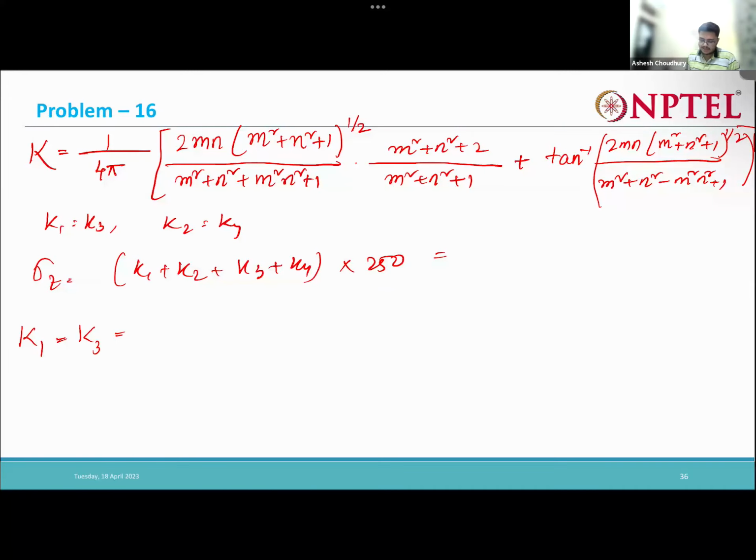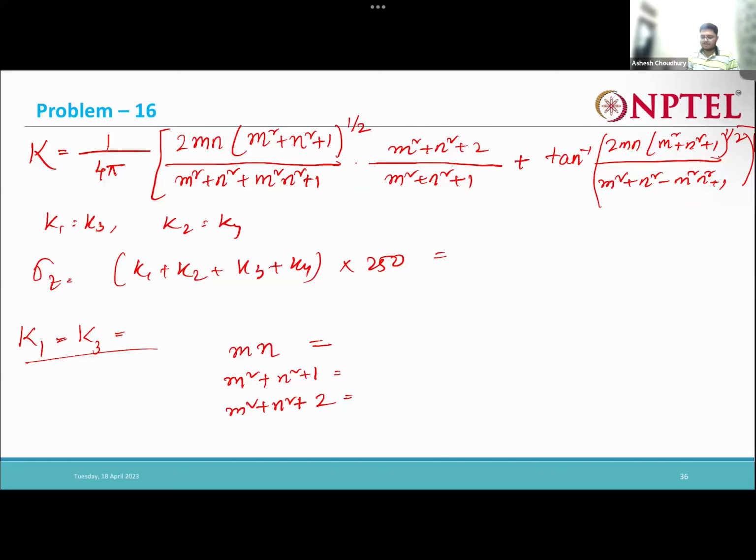This formula is quite big, so what we can do is find these things first: mn, m square plus 1, and m square plus n square plus 2.